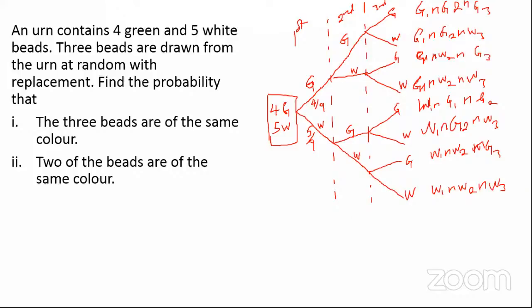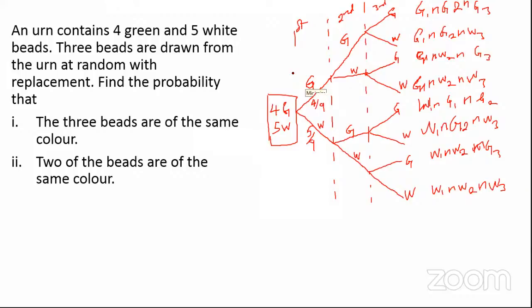So where do we have all the beads being of the same color? Green 1 intersection green 2 intersection green 3, and white 1 intersection white 2 intersection white 3.